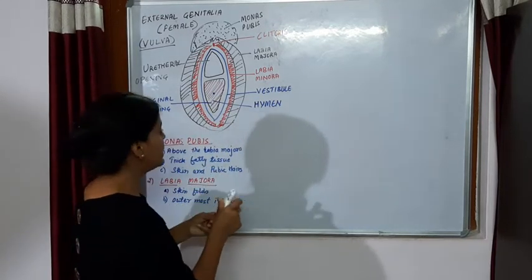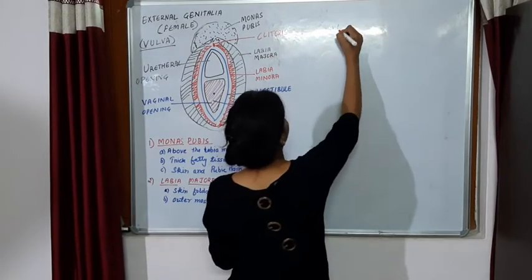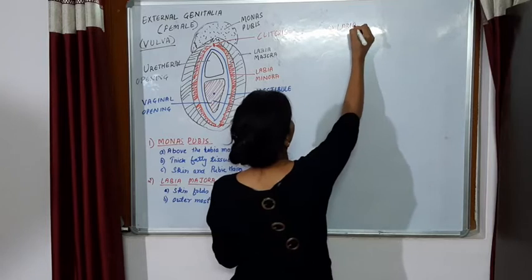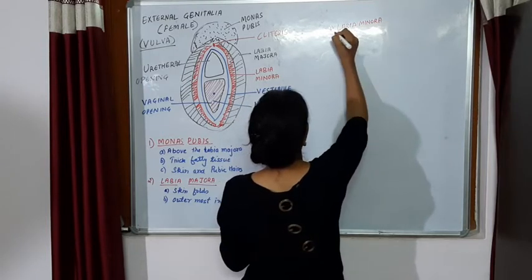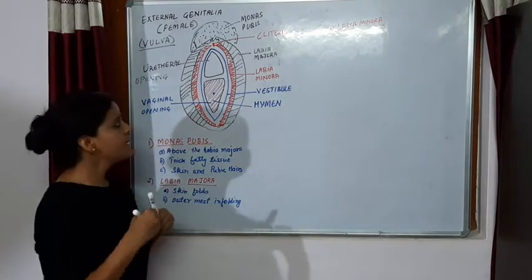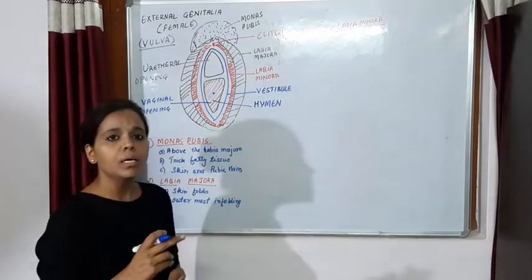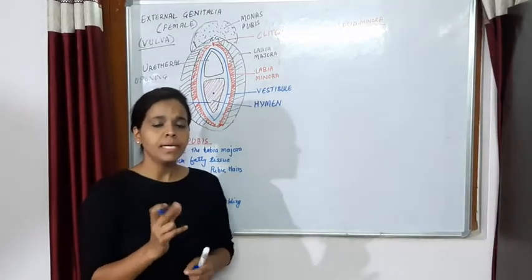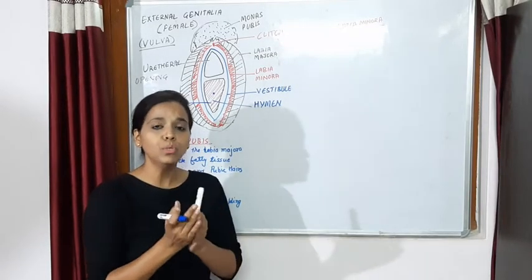Now the third one is the labia minora. One more point you can write in labia majora: it is homologous to the scrotum. We have discussed the scrotum, where the testes are placed inside, right?